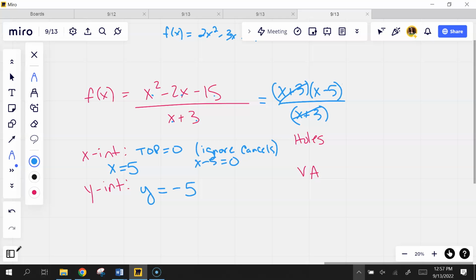All right, how about holes? X equals -3 because that's what canceled. If I can remove it from the equation, it creates a hole in my graph. How about vertical asymptotes? -3. So you're telling me you got a hole and a vertical asymptote at -3?